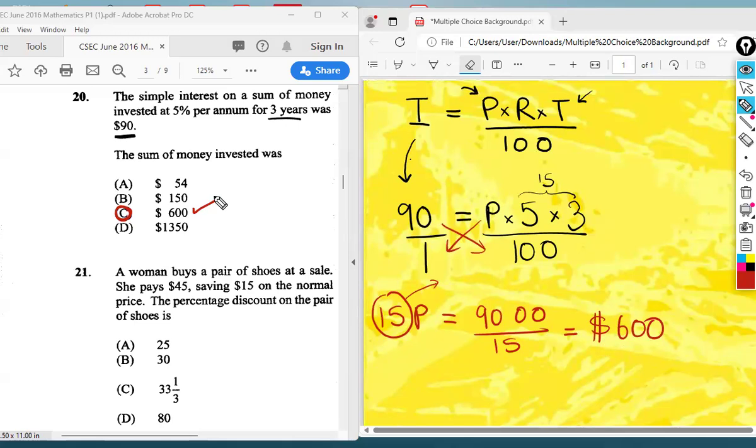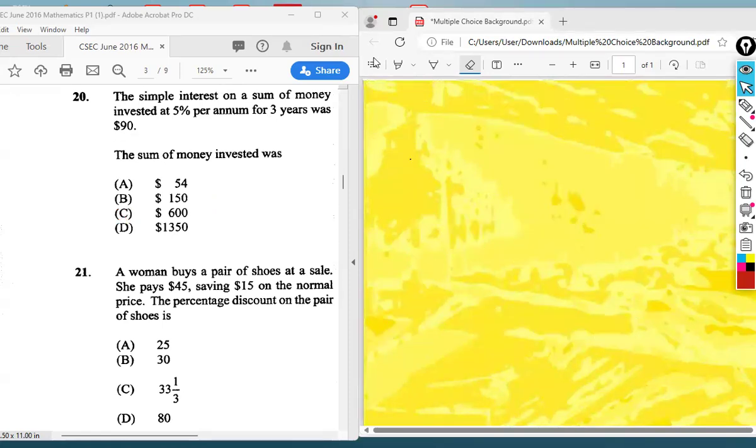Right, so I'll give you some time on number 21. I didn't even read 21 as yet. All right, so you have the shoes, right? So let me just draw some shoes here. That's supposed to be the shoes there.